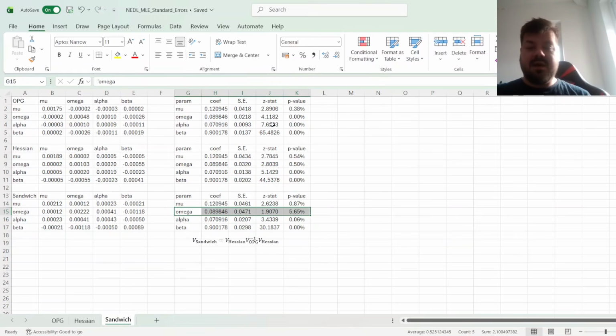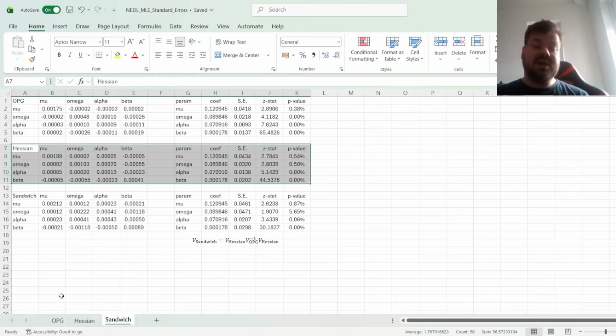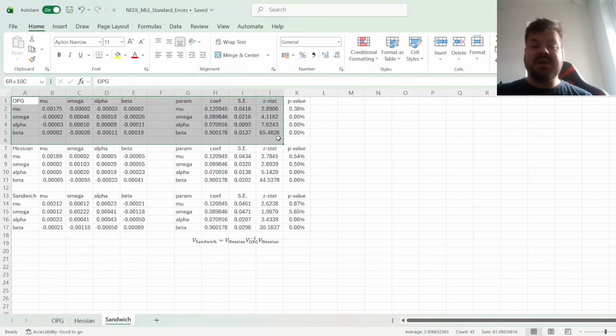While the other z-stats go quite a bit down, reflecting the fact that these standard errors were probably underestimating the true variance of the parameters due to either misspecification in case of the Hessian approach or small sample size in case of the OPG approach.